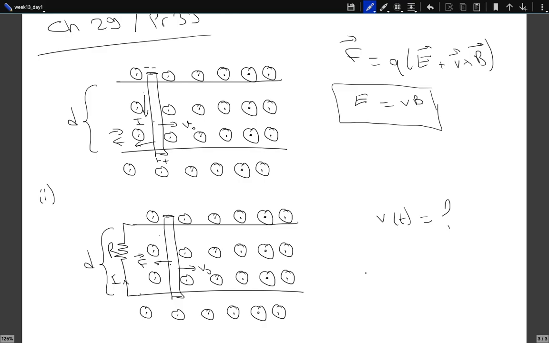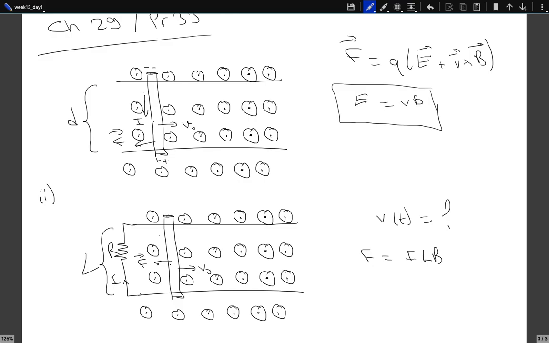What is F? F is equal to I times L times B. Is this F constant? What is changing with time? The current will be changing in time.